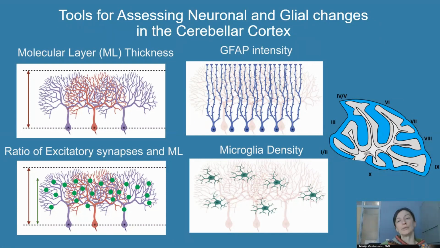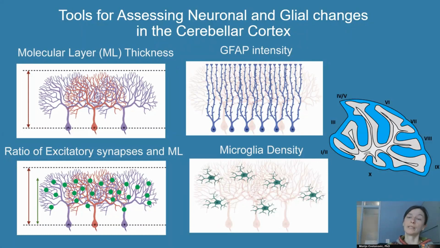For astrocytes, we use glial fibrillary acidic protein, GFAP for short, to look whether they show signs of reactive gliosis. Bergmann glia is a specific type of astrocyte that resides right next to the Purkinje cells, as shown in this schematic, and they increase their intensity of GFAP staining in SCA1. On the bottom panel, you have microglia density as a really easy measure of microglial reactive gliosis.